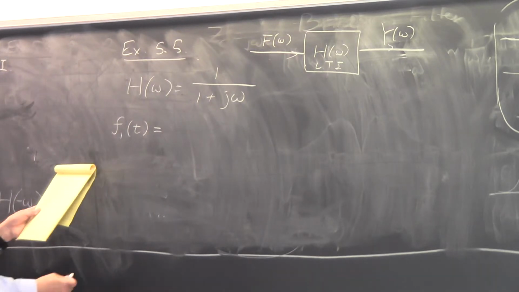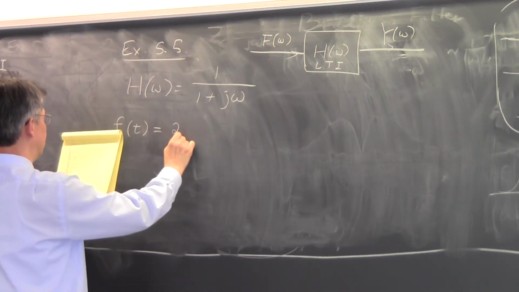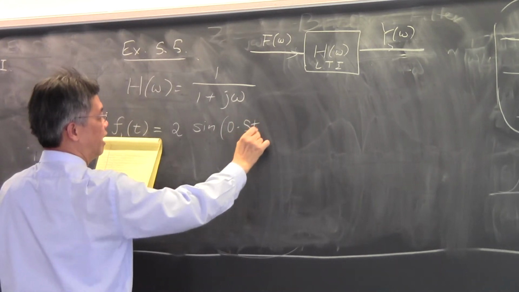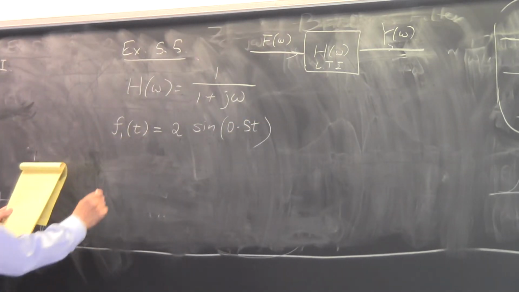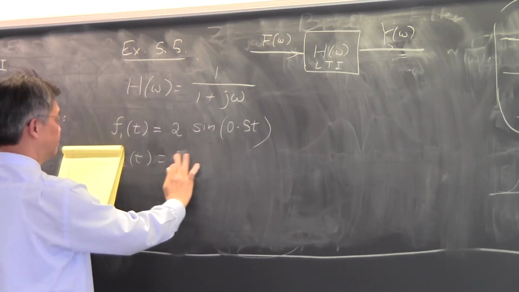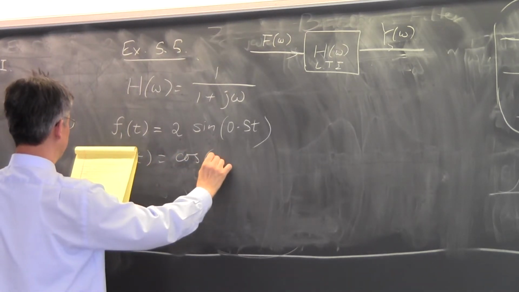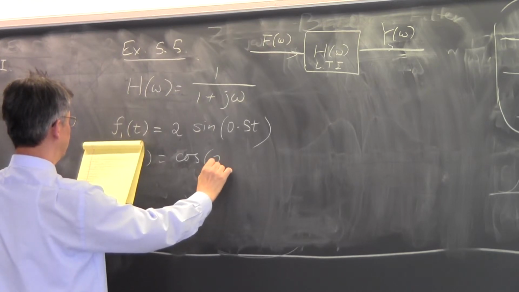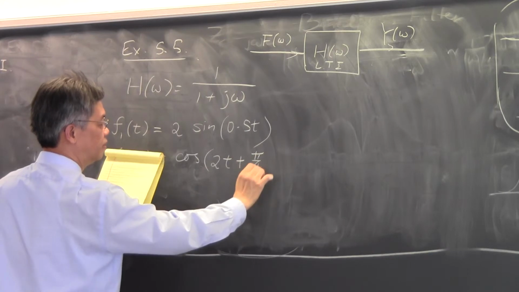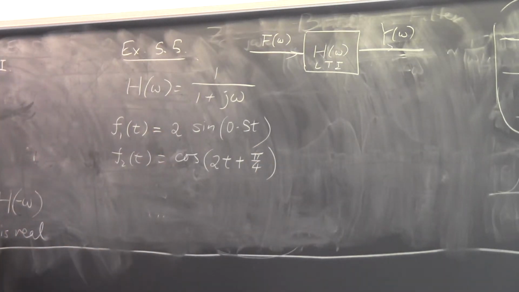One input is at this value, another input is cosine of 2t plus pi over 4, or 45 degrees. How would you find the output given that these are the two inputs?